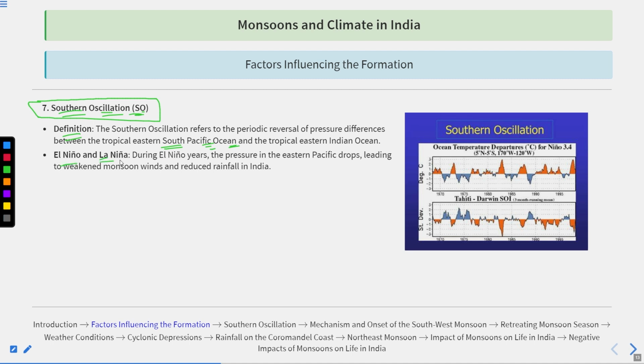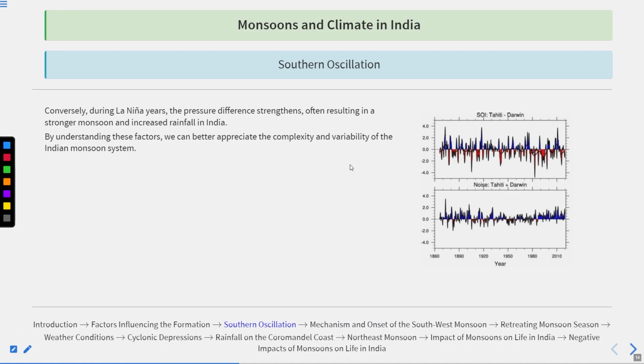El Nino and La Nina. During the El Nino years, the pressure in the eastern Pacific drops, leading to the weakening of monsoon winds and reduced rainfall in India.